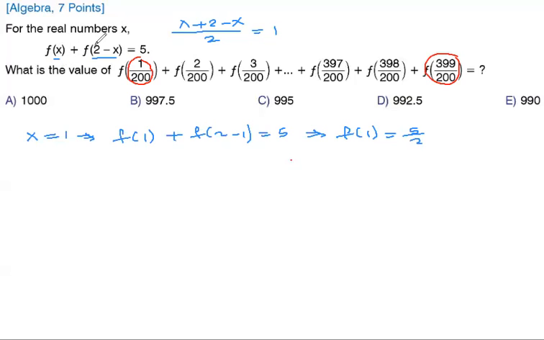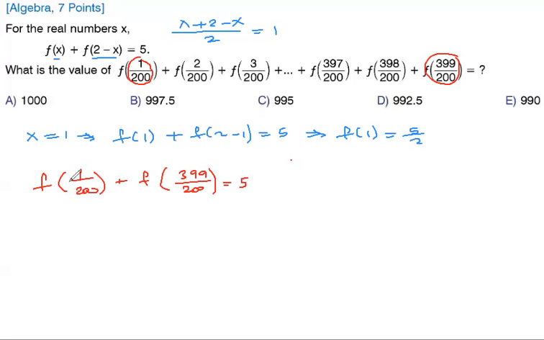So if I want to do f of 1 over 200 plus f of 399 over 200, this is actually the same as the function we are given, which is equal to 5. I hope that was clear.